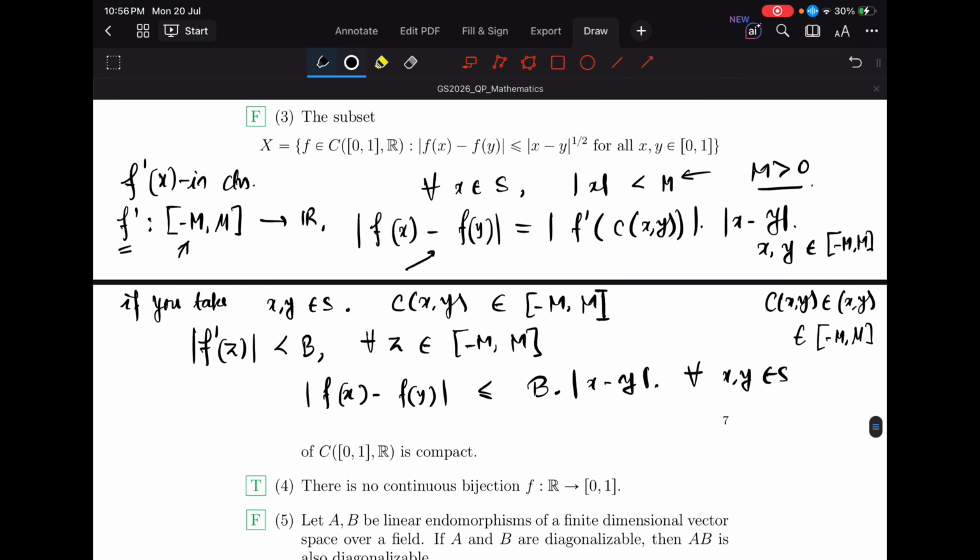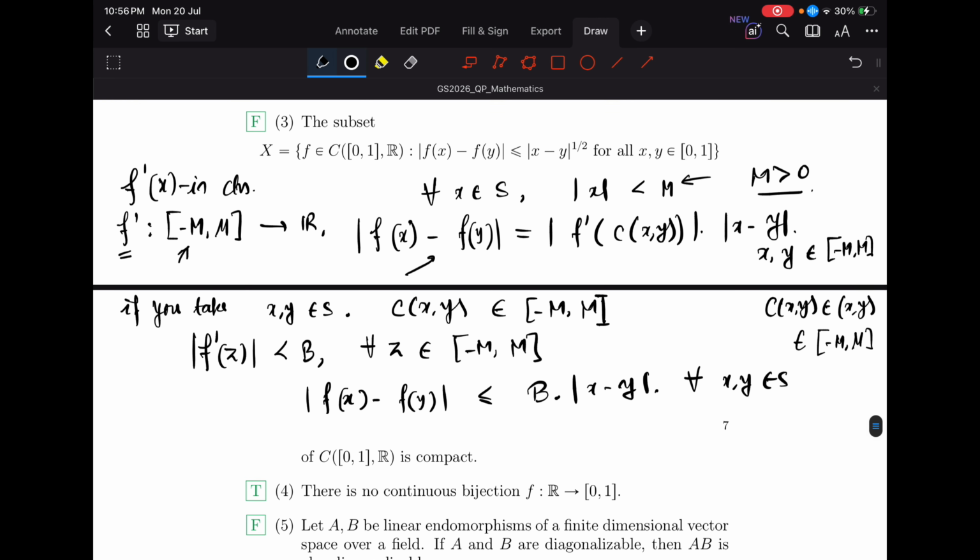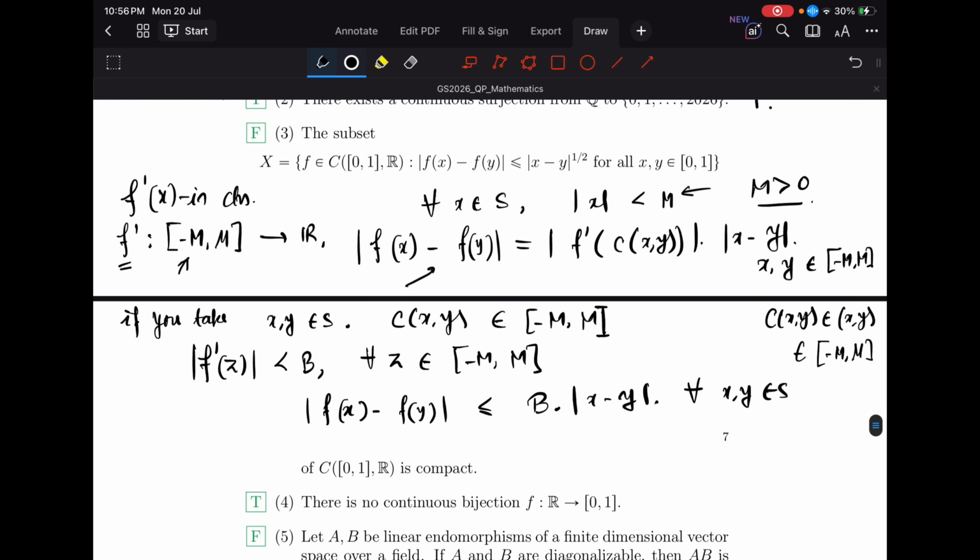Consider the subset X of continuous functions from [0,1] to R such that |f(x) - f(y)| is less than or equal to |x - y|^(1/2) for all x, y in [0,1]. Is this subset compact or not?